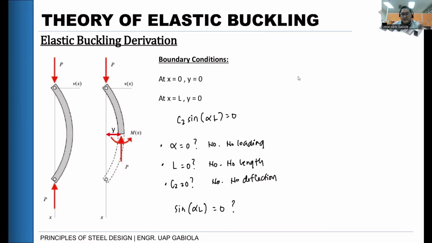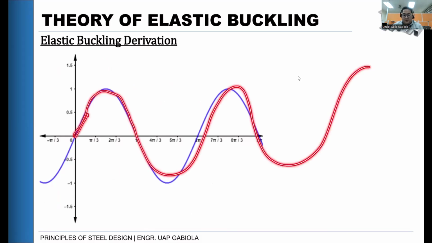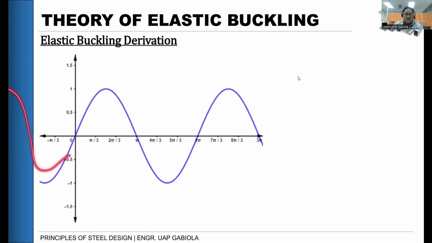Kapag 'di ba 'pag pinlot natin si sine wave, ganito yung itsura niya. Okay, so, nagpa-pass through siya do'n sa origin and then 'yan, infinitely paulit-ulit na, both sa x negative, x positive na infinity, patuloy na yung movement ng sine wave natin na ganyan, okay.